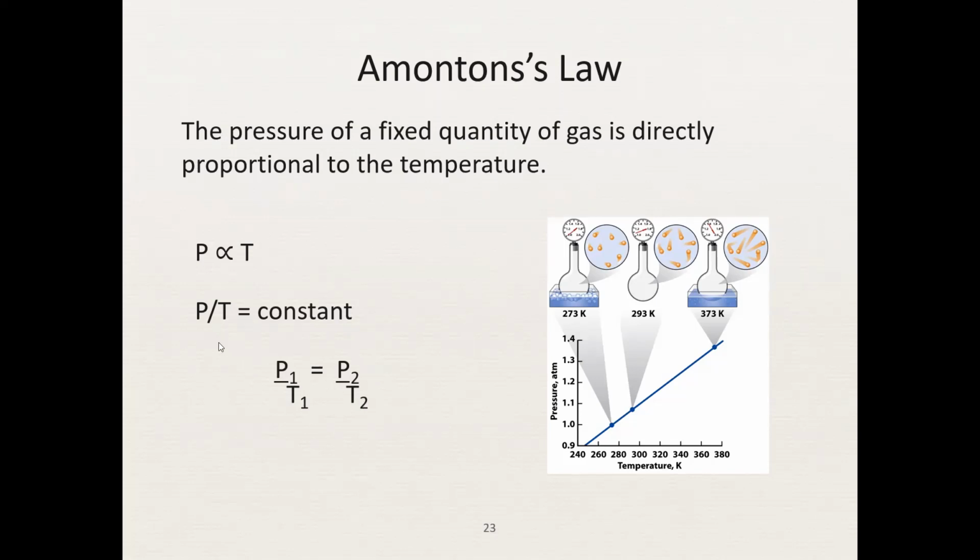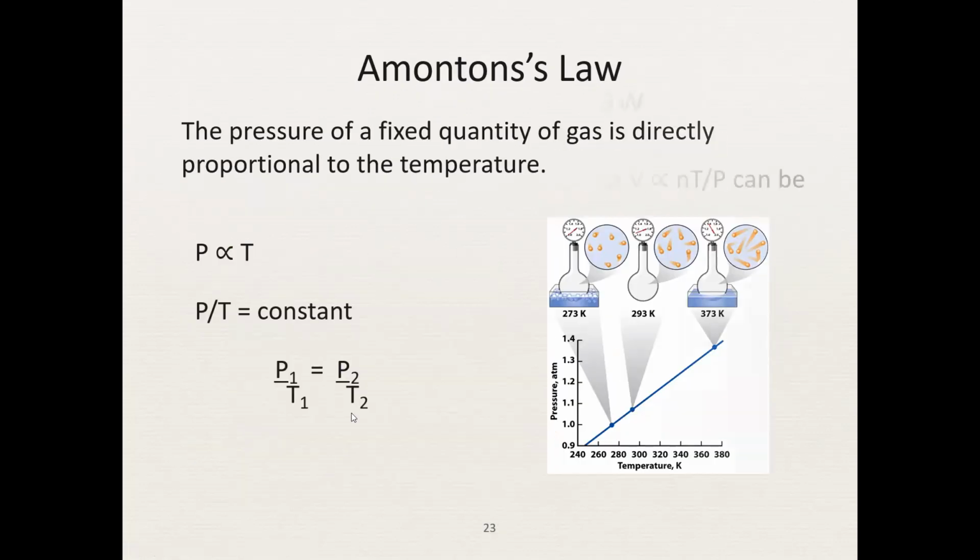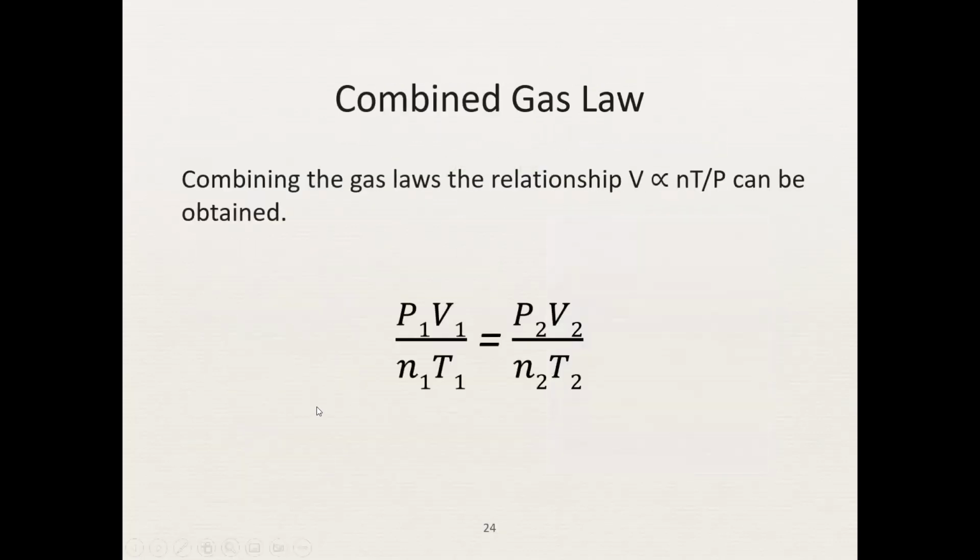And that's going to be very similar to what we saw with Charles' law. So in this case, we've got volume over temperature for Charles' law. Now we've got pressure, but they're going to be very similar. And that's why we can actually use them and combine them into what's known as the combined gas law equation, which basically just takes all of those different laws we talked about, and as it would suggest, combines them into a single equation.